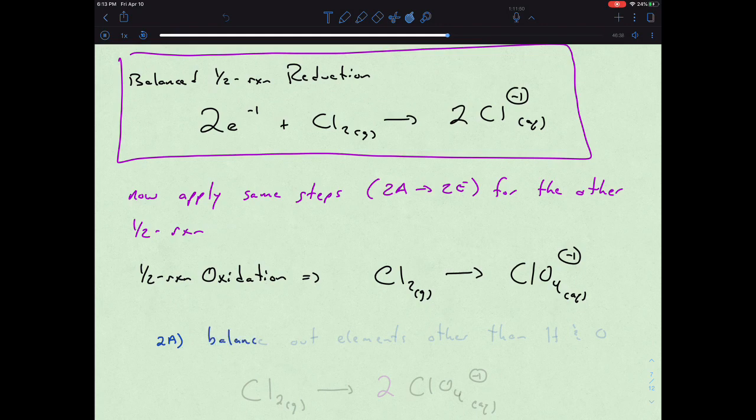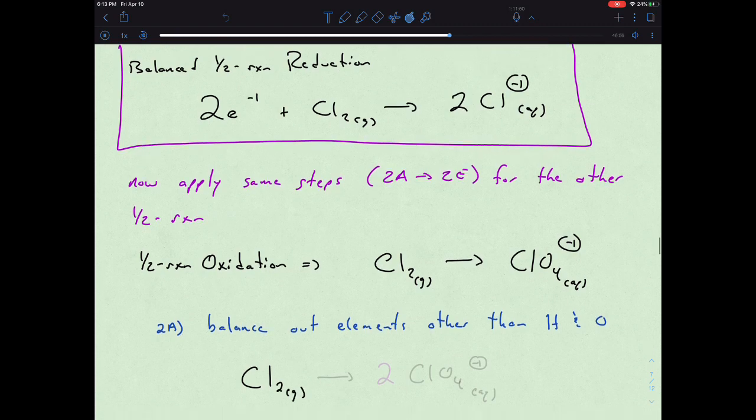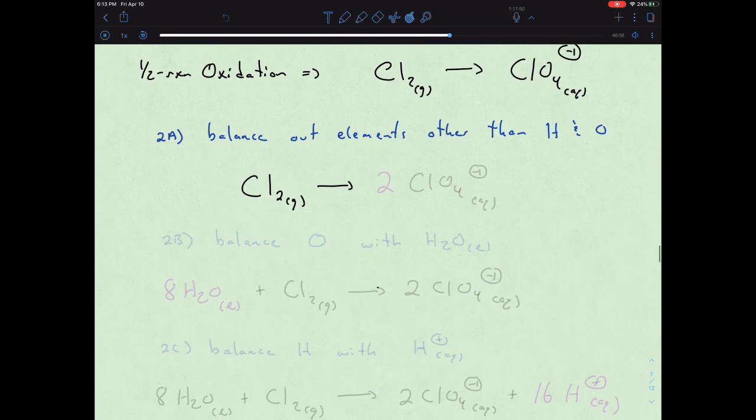First step, right, we want to balance out elements other than hydrogen and oxygen. That means we would now have a stoichiometric 2 in front of the perchlorate. So our chlorines are balanced.